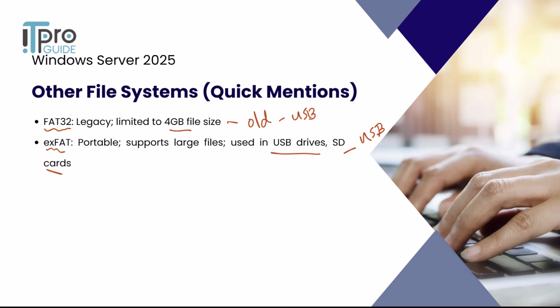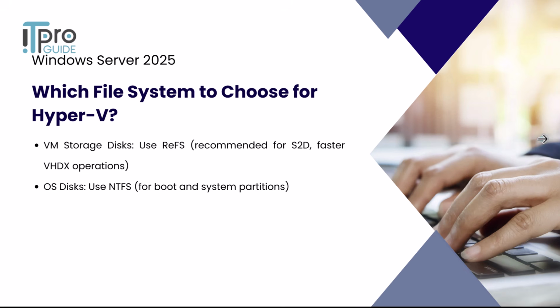Now, the main objective of this course is to understand Hyper-V and Windows Server 2025. So of course, we need to know which file system to choose for Hyper-V. When deploying a Hyper-V environment, choose the right file system carefully. For storing virtual machine files like VHDX disks, ReFS is strongly recommended. It provides faster performance, data integrity, and optimized storage operations, especially in a Storage Spaces Direct setup.